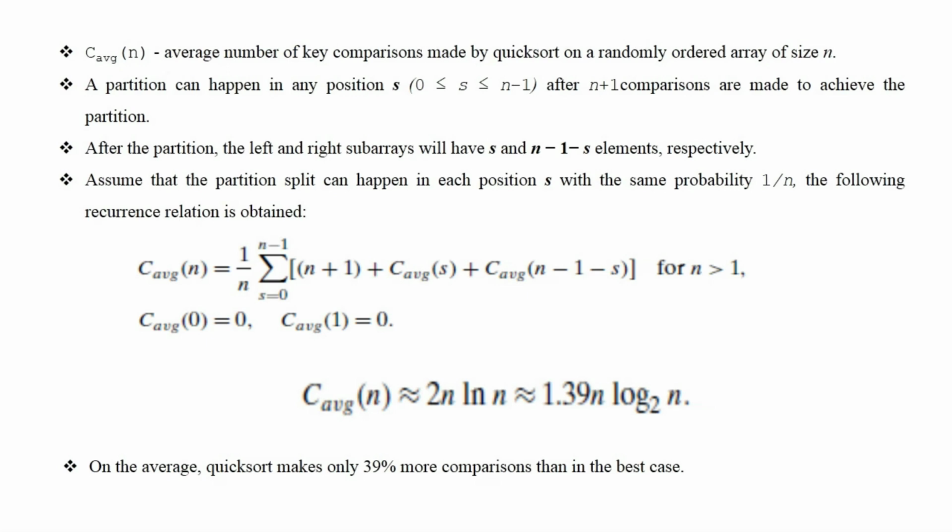When the number of elements is 0 as well as 1, the number of comparisons is 0. So if we observe, quicksort will make in the average case 39% more comparisons than in the best case.